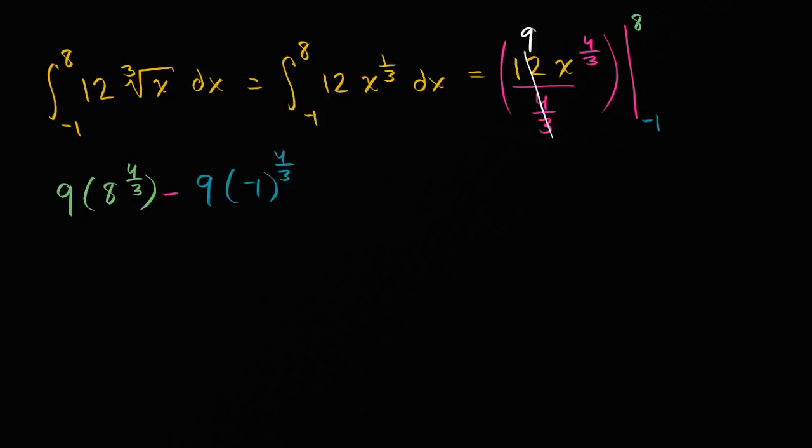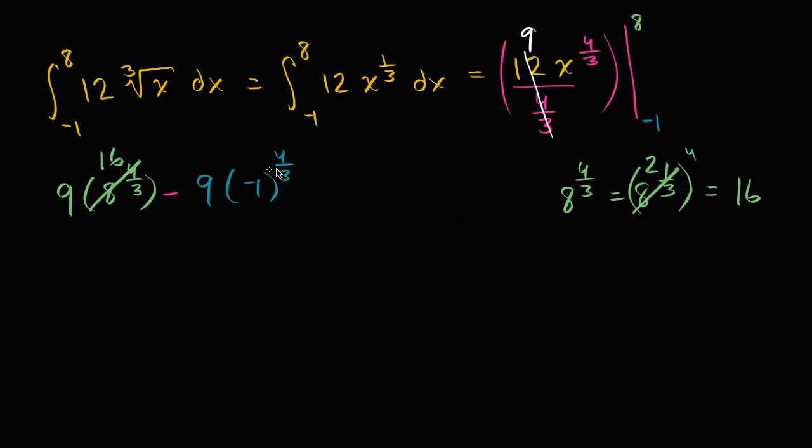So what is 8 to the 4/3 power? 8 to the 4/3 is equal to 8 to the 1/3 to the 4th power. These are just exponent properties. 8 to the 1/3, the cube root of 8, that's 2, because 2 to the 3rd power is 8. And 2 to the 4th power is equal to 16. So 8 to the 4/3 is 16.